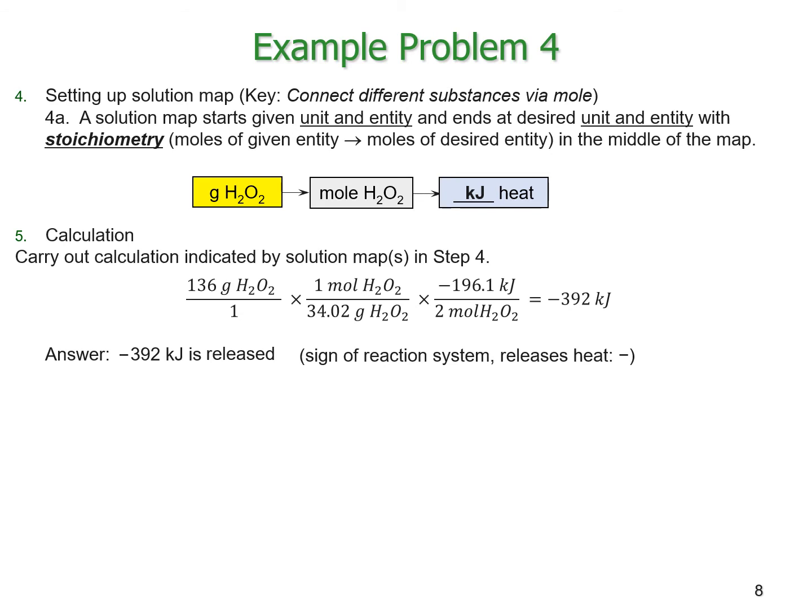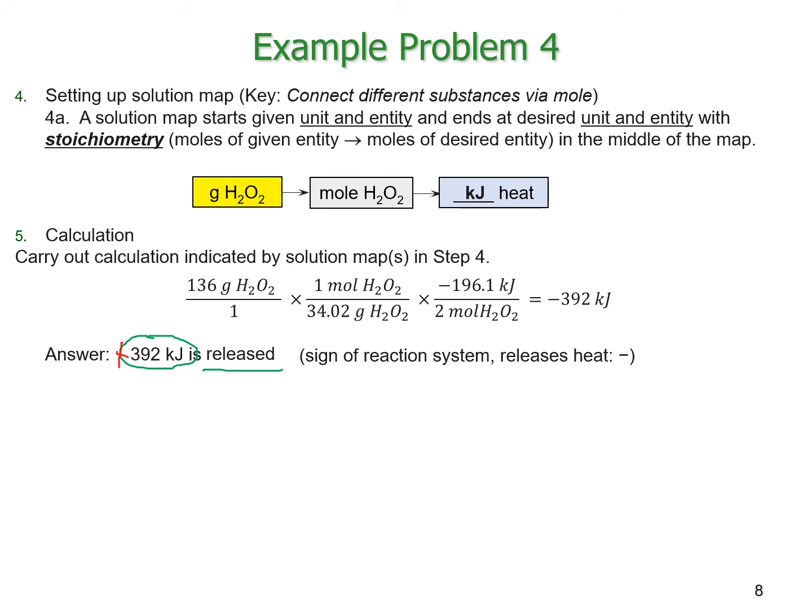As the question already determines the direction of the heat, do we have to put a negative sign in front of the energy? Of course not. So the correct answer is positive 392 kilojoules for us to report. Again, I want you guys to understand why the negative sign is gone.